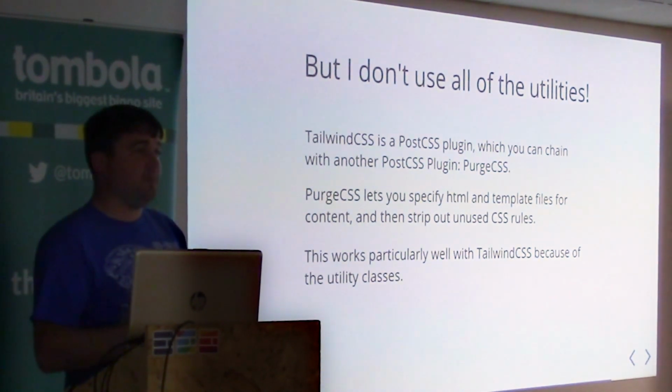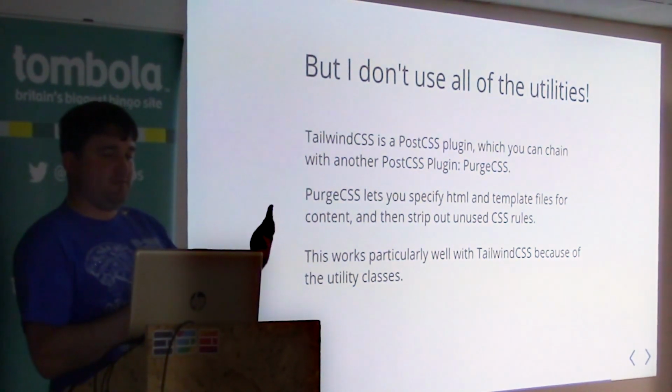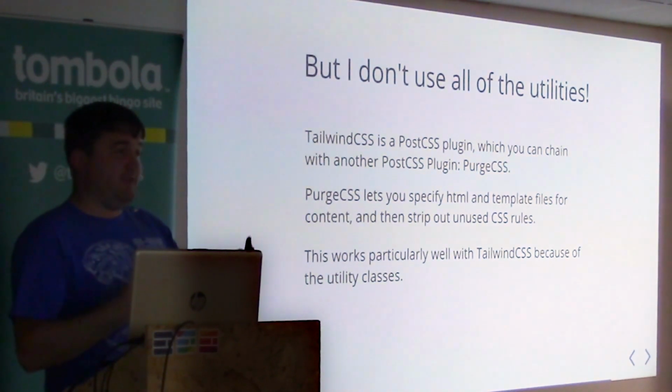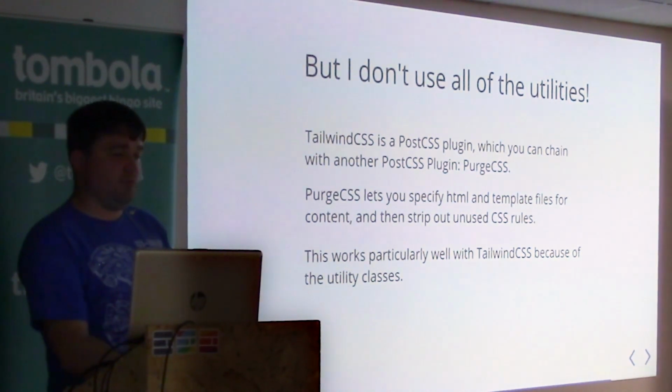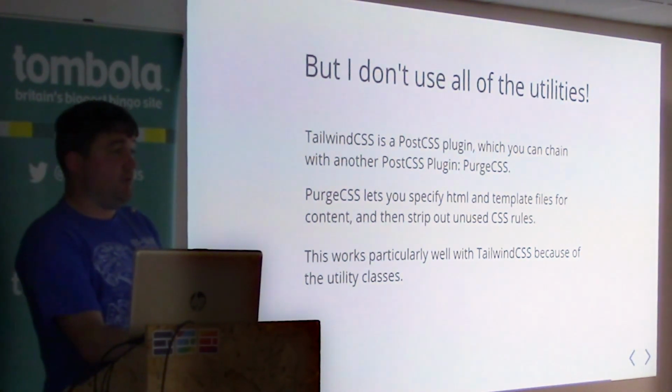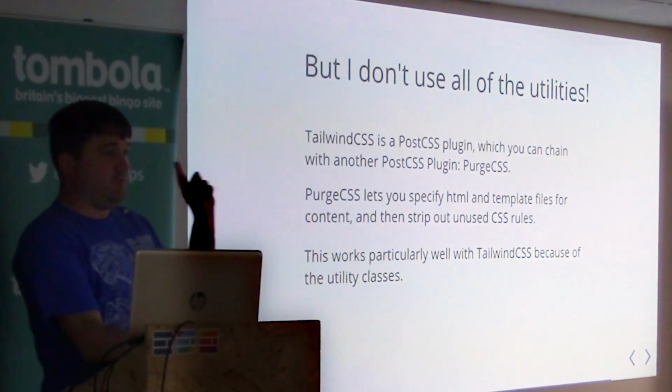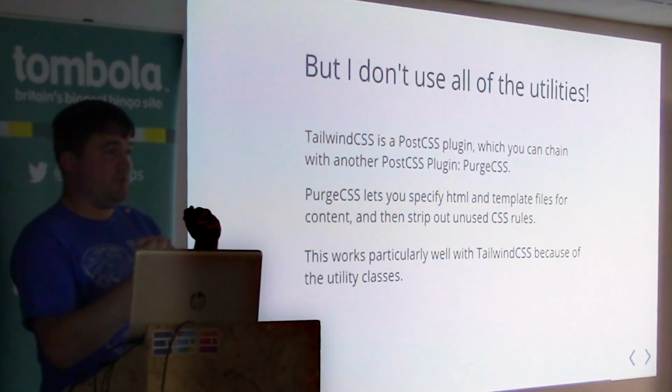So you could use something like PurgeCSS, which lets you specify the HTML and template files, and it strips out any unused CSS rules, which can massively reduce the size of your generated CSS. It works pretty well with Tailwind because it knows that the utilities used through apply are being used as well.